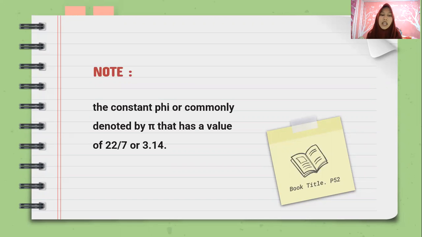The constant pi is commonly denoted by this symbol and has a value of 22 divided by 7, or commonly rounded to 3.14. The constant pi is the ratio of the circumference of the circle K to the diameter D, which is 22 divided by 7, or commonly rounded to 3.14.